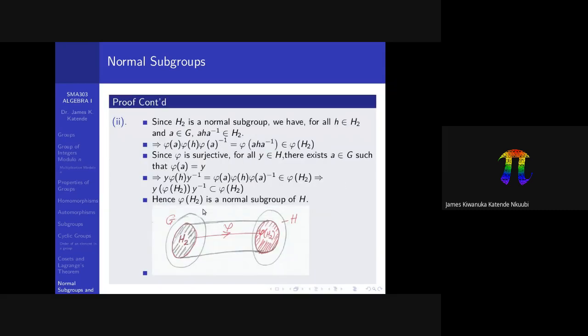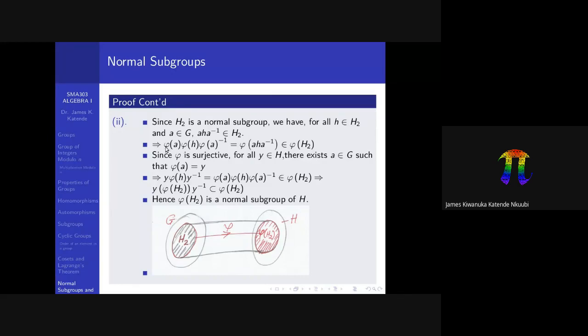So here's a proof. Now we have already been given that H2 is a normal subgroup, and therefore for any element h I pick in H2 and any element I pick in G, this will be true: a h a inverse will be an element in H2. So we can now check.